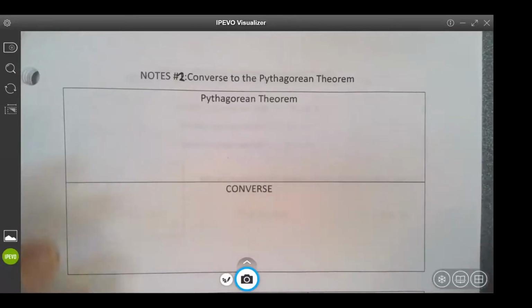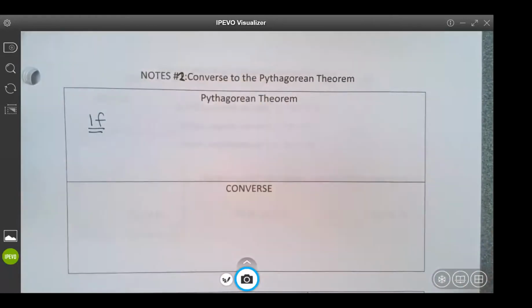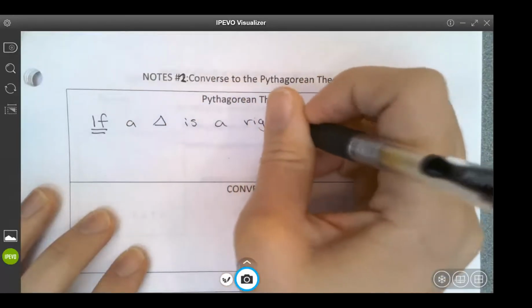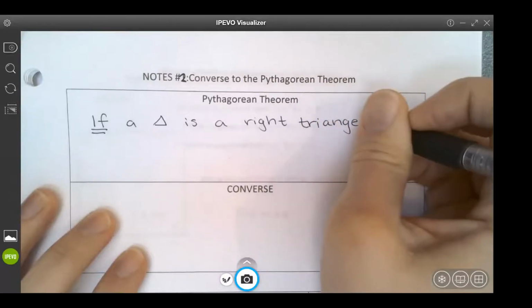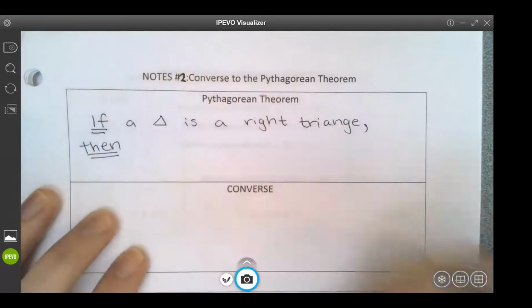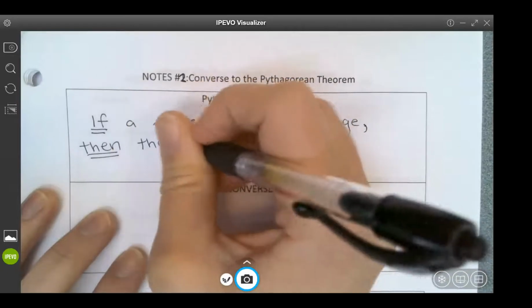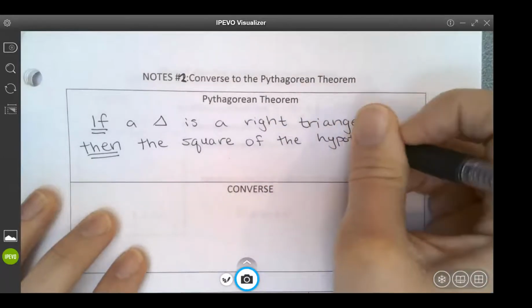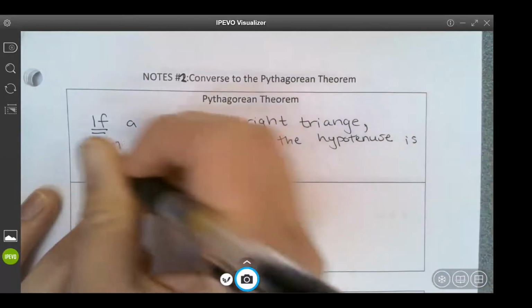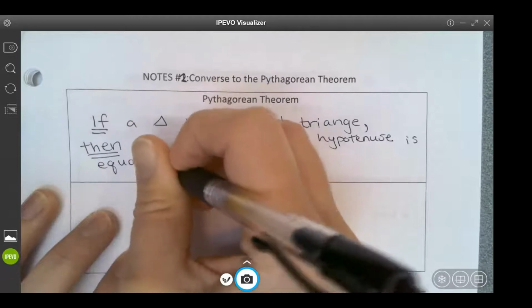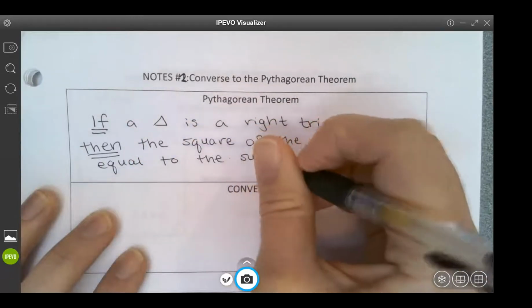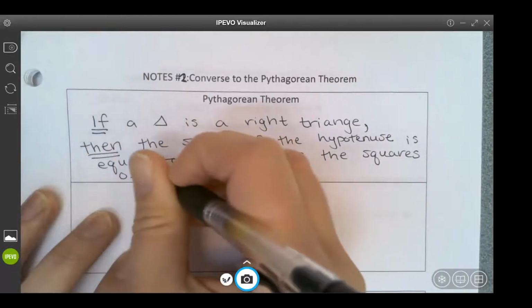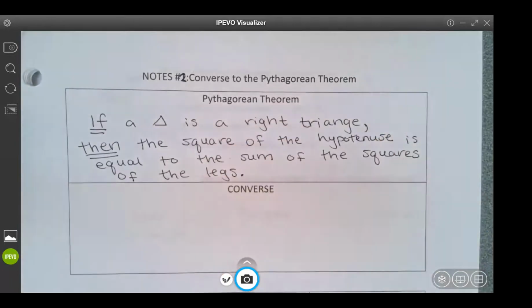So my Pythagorean theorem states that if, going back to unit 2 that we did if-then statements, if a triangle is a right triangle, then the square of the hypotenuse is equal to the sum of the squares of the legs. So I'll give you a minute to write that down.